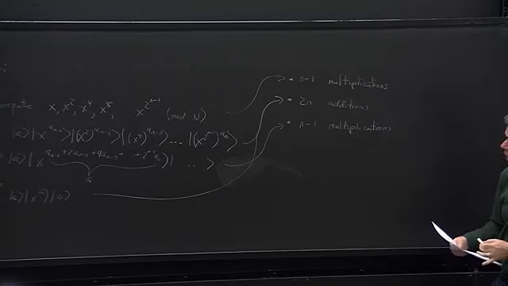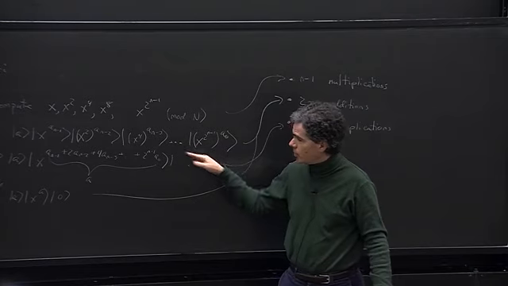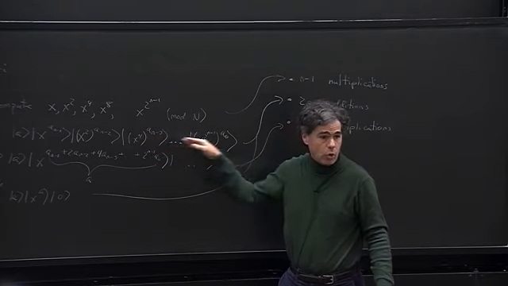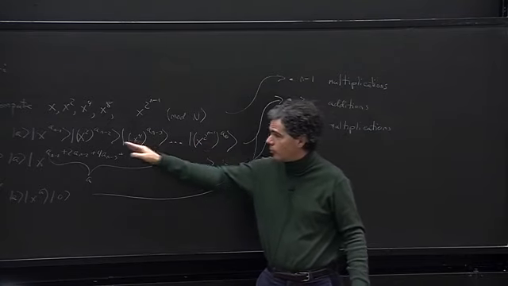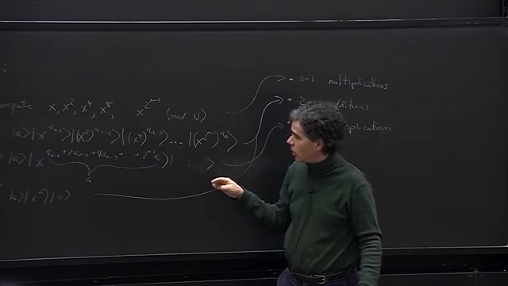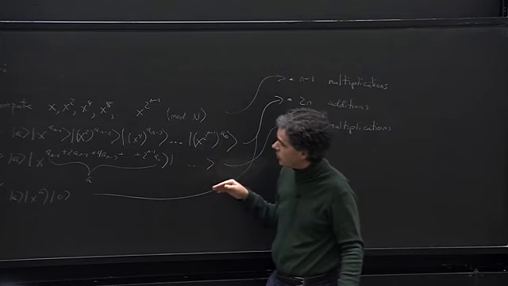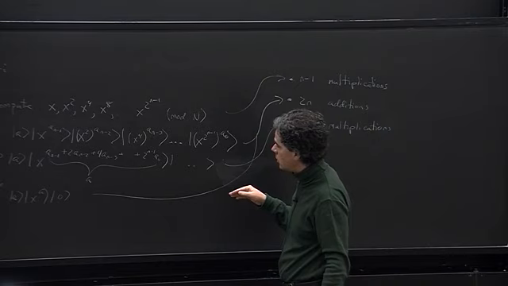Right. So it's worth noting that unless A is all ones, the binary representation of A is all ones, some of these things will be 1, right? They'll be x to the 0, which should be 1.